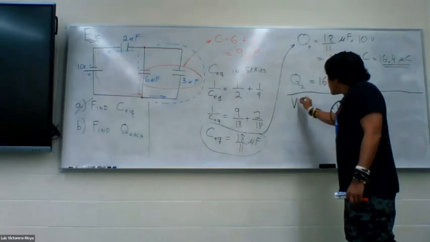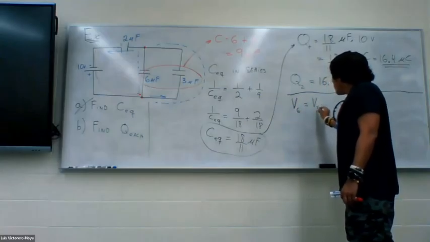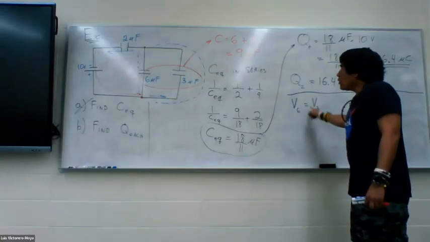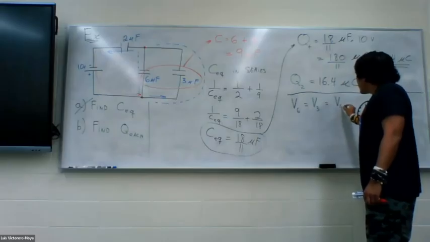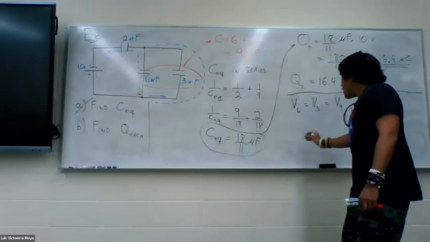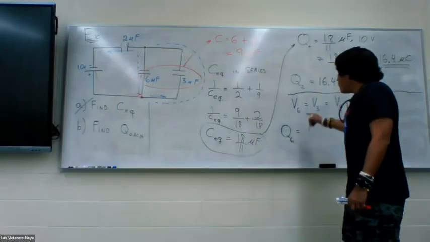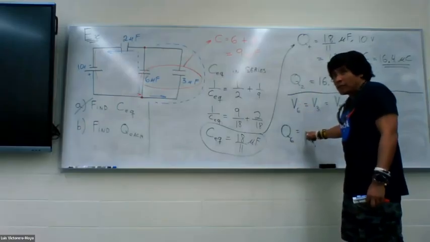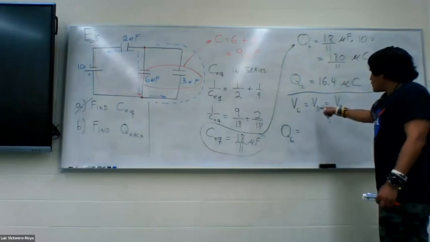The voltage on 6 is the same as the voltage on 3 because of parallel. And what's the combination of these two? 9, which is the voltage on 9. And the charge on 6 will be the voltage on 6 times the capacitance, 6 microfarads. That's like Q. But what's the voltage on 6?